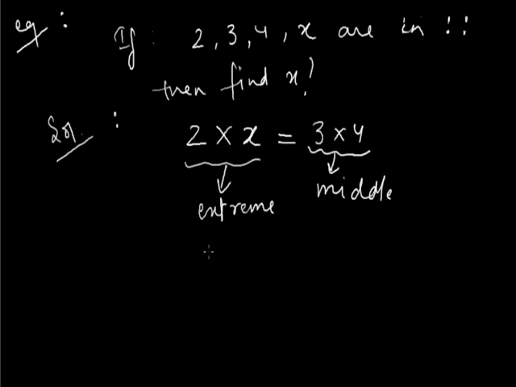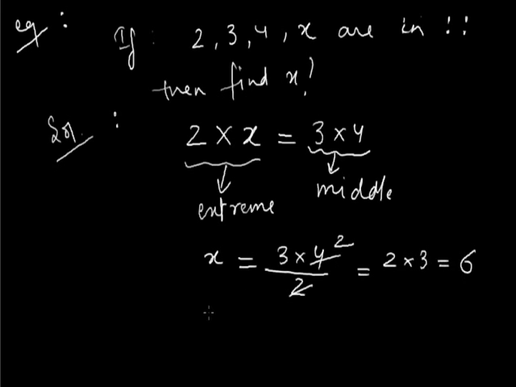From here I can calculate the value of x, which equals 3 multiplied by 4 divided by 2. By cancelling the common factor of 4 and 2, I am left with 3 multiplied by 2, which equals 6. So x is equal to 6. So 2, 3, 4 and 6 are in proportion.